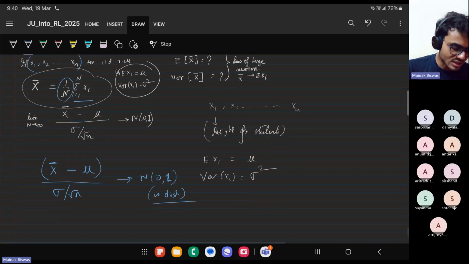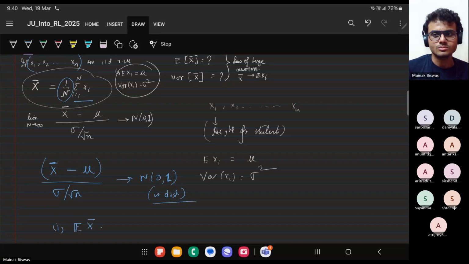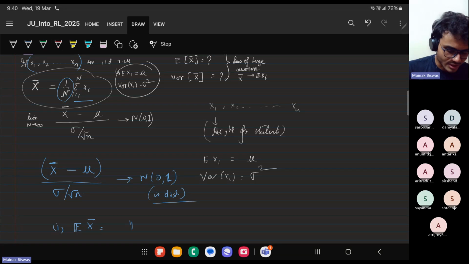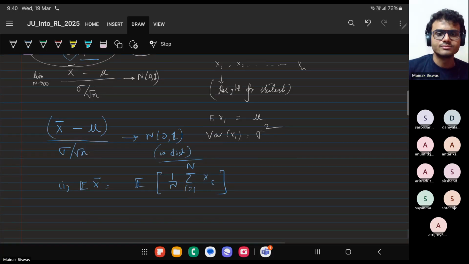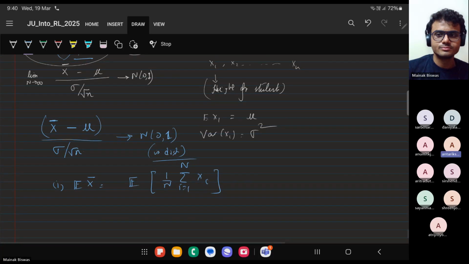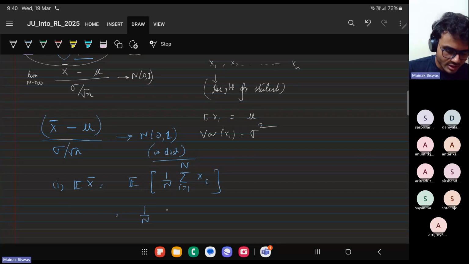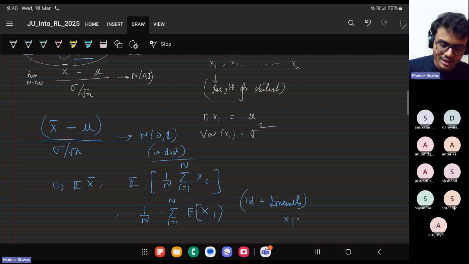First of all, tell me what is the expected value of x bar? First question. What is the expected value of 1 by n summation of i equal to 1 to n xi? What can I use here? Linearity. IID plus linearity. Identically distributed, so x1 is equivalent to x50 or xn.